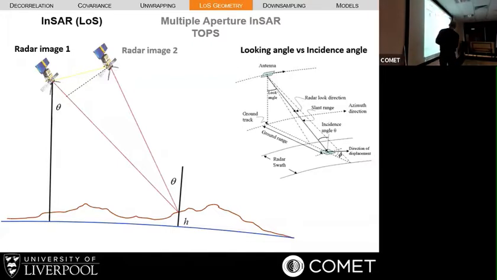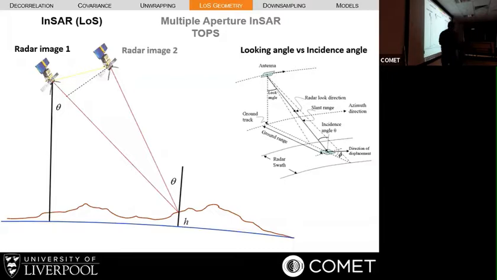So we calculated carefully the squint angle, this deviation from the heading, for each pixel, for each individual burst. Instead of having a mosaic, we processed it to have an interferogram for each burst, and we accounted for those variations. The reality is, even in that case, where we have significant deformation in the burst overlap region, it was not relevant.